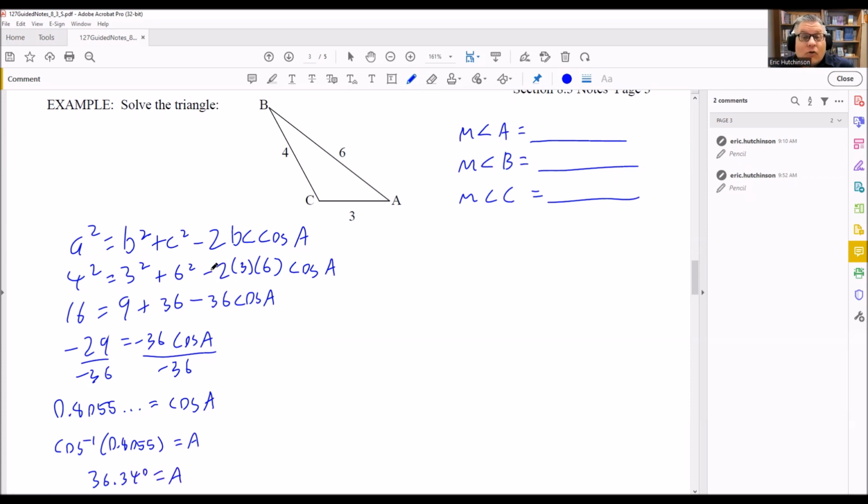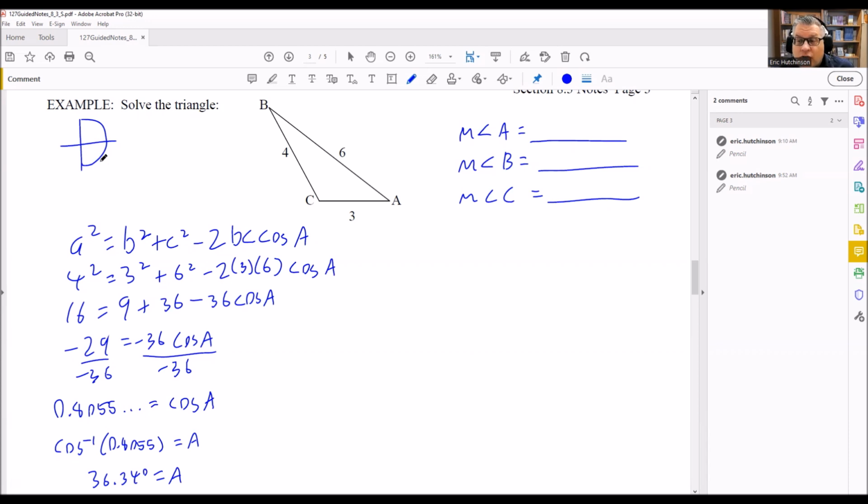Now, I mentioned this previously, but we're only going to get one answer when we take the inverse cosine. Again, the reason is that cosine is only positive in the first and the fourth quadrants. So the first quadrant is where this one comes from, 36.34. Now we do get a secondary solution, but it's going to occur in the fourth quadrant.